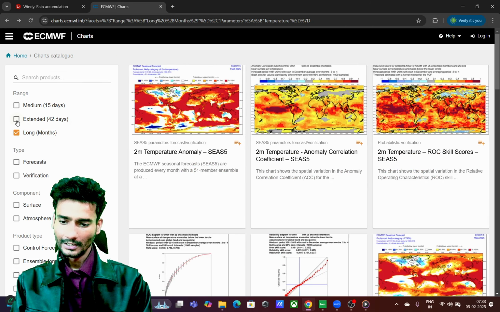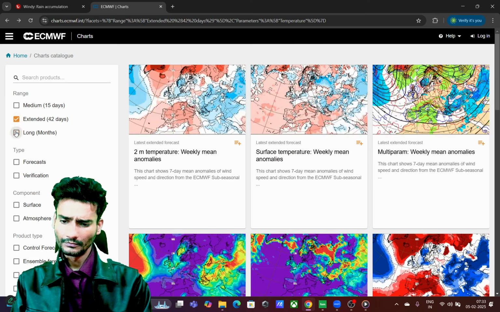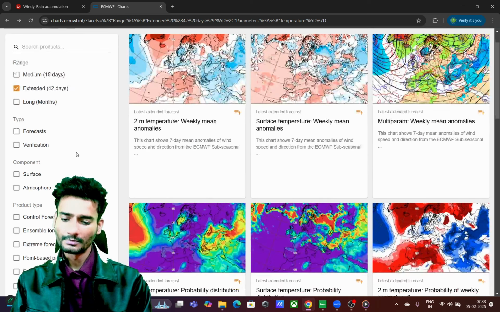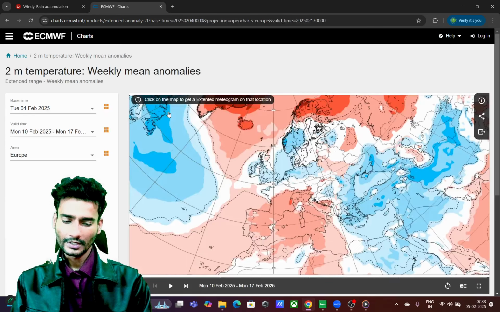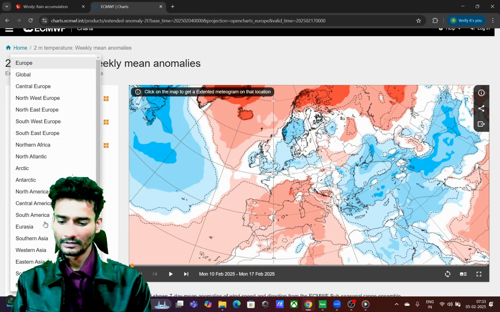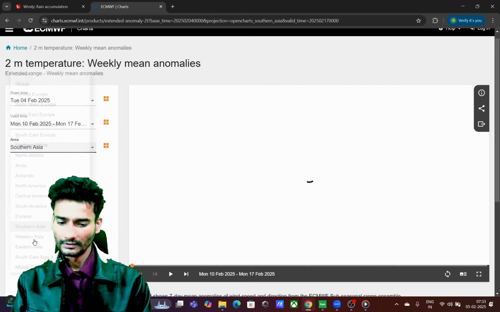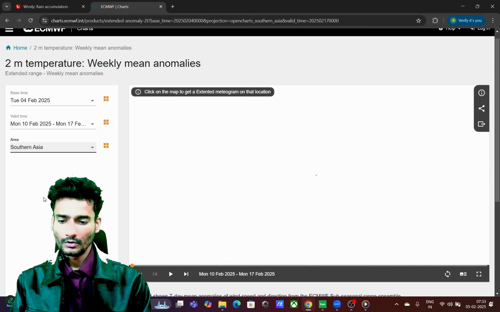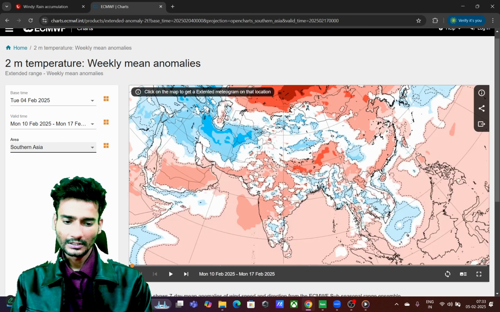So let's start with the 12 days forecast. They might be more accurate. So let's look at the 2 meter temperature. Here, let's select the Southern Asia. Now it will give us the weekly forecast for 2 meter temperatures.